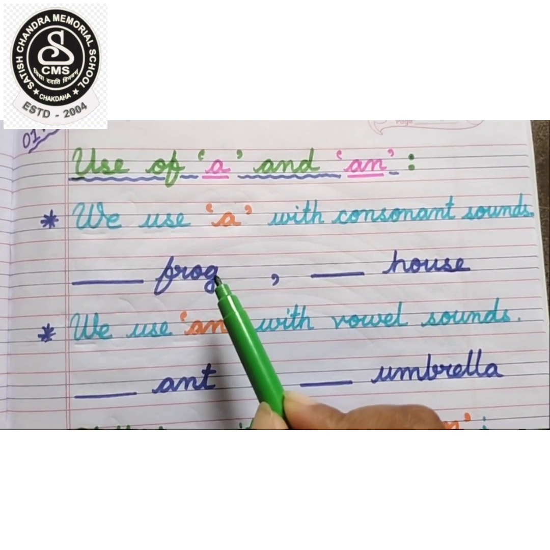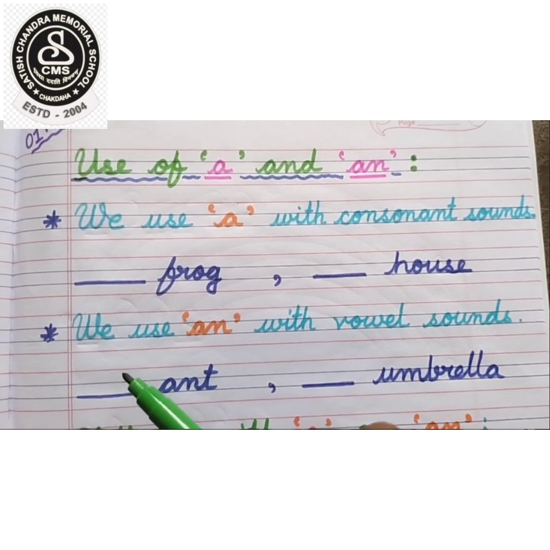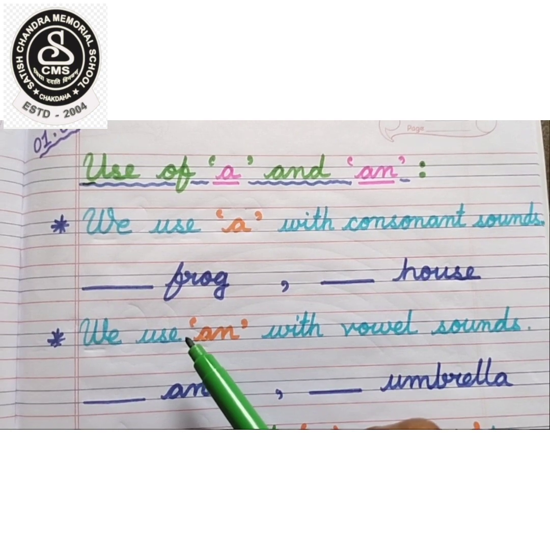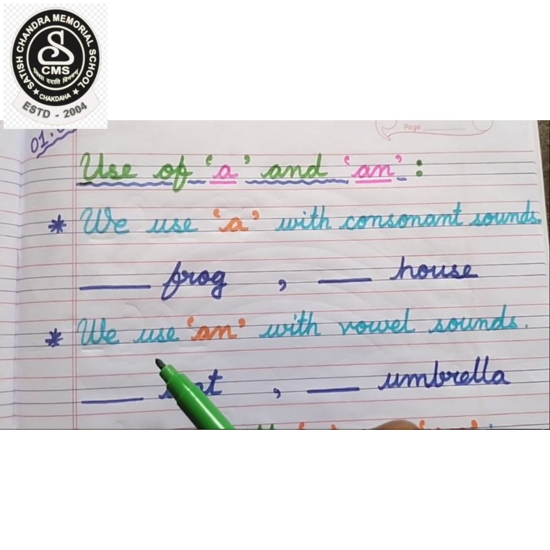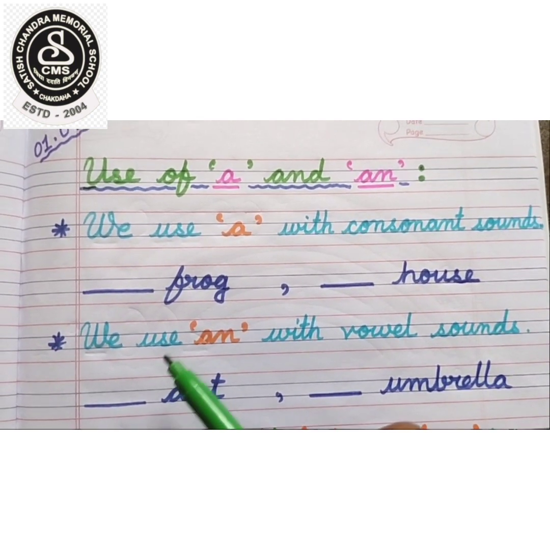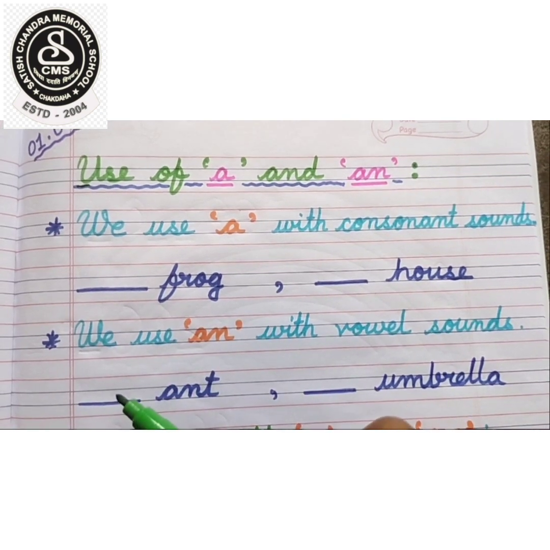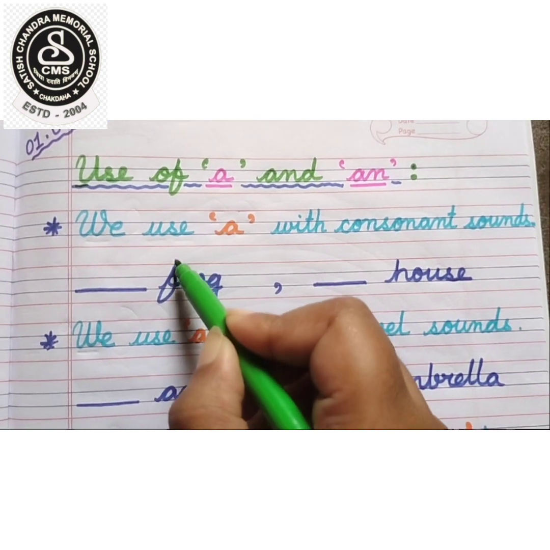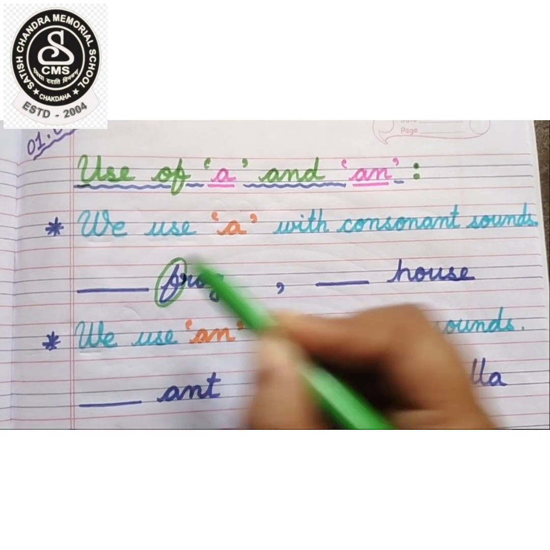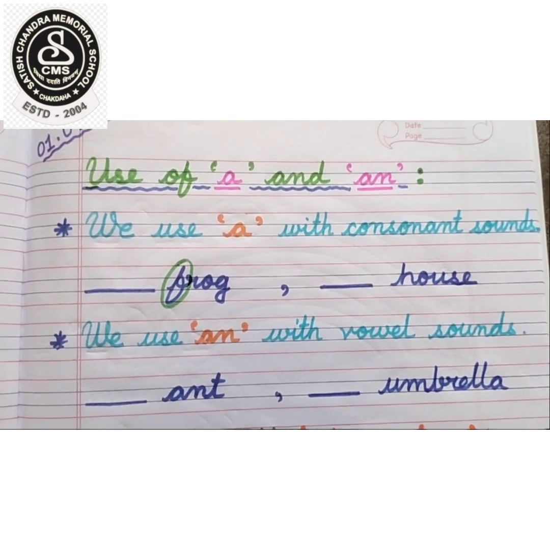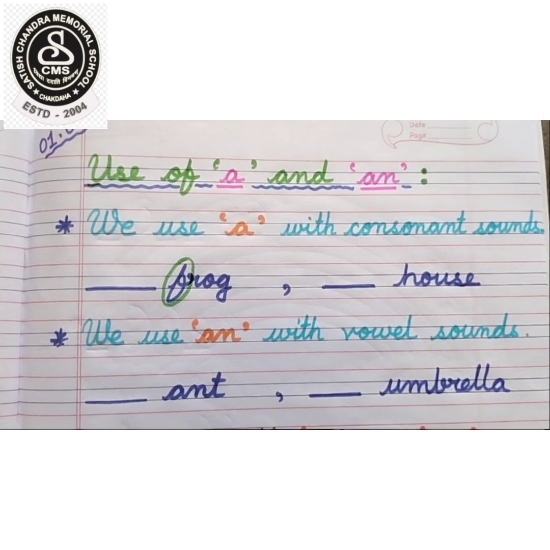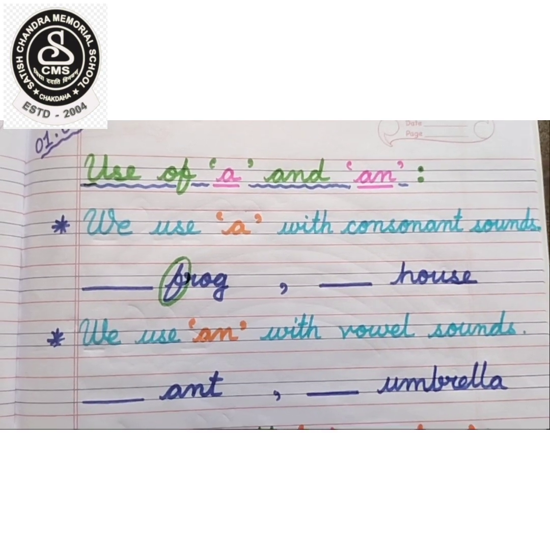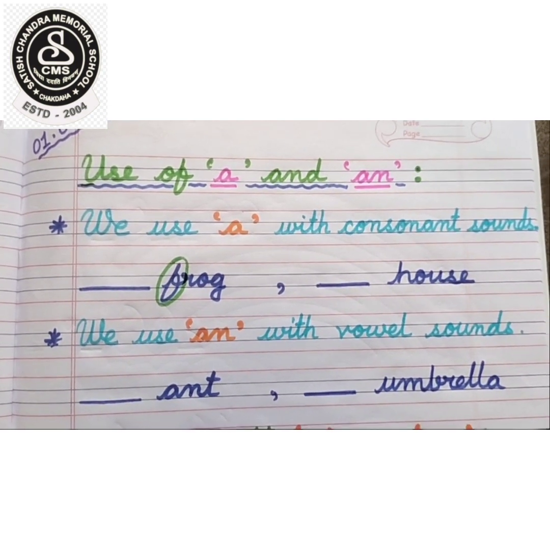Frog. So tell me children, which is the beginning alphabet? In this word frog, which alphabet comes at first? Yes, F comes at first. Now tell me children, is this F a vowel or a consonant? Very good. This F is a consonant.